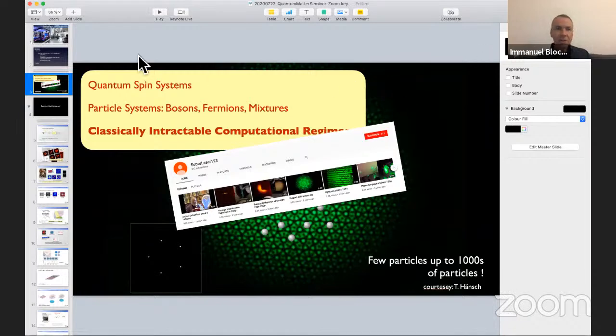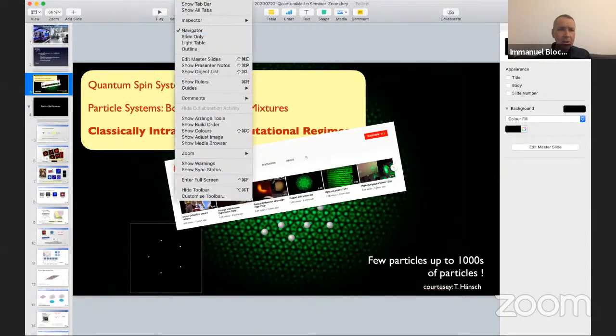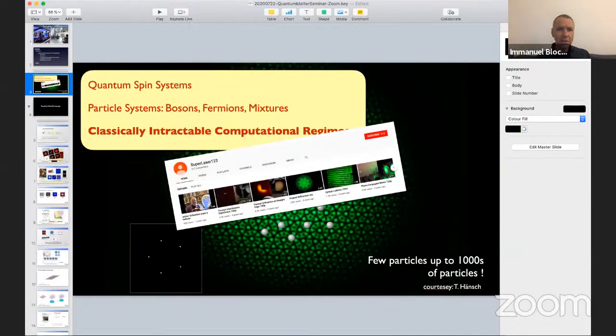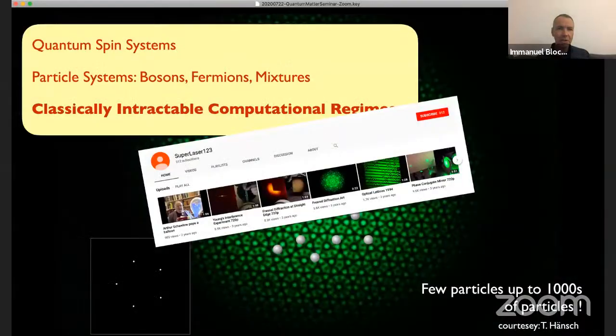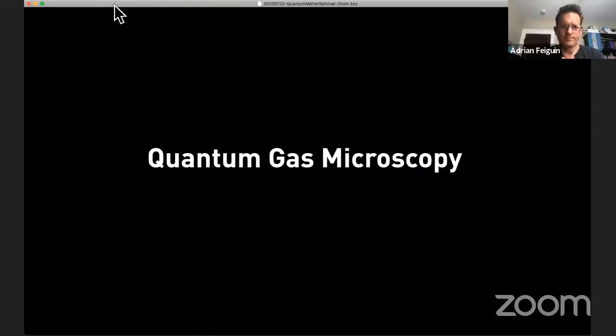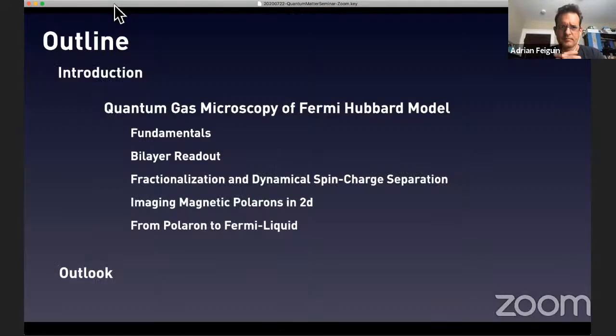Let me try one other thing. Do you see it changing now? No. Maybe sharing is paused. Bring your shared window to the front. I thought I did that. Let me try to share the window again. Do you see the window now? Do you see it changing? Yes. Okay, great. Perfect.